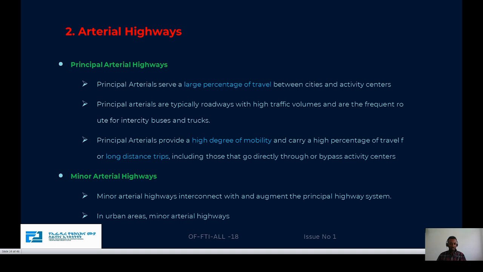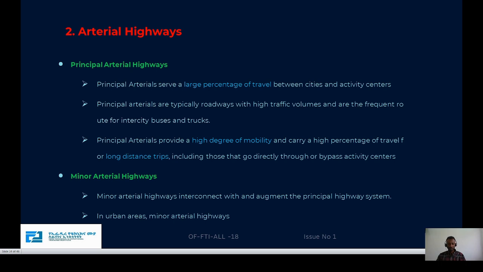The other is arterial highways. The arterial highway is classified as principal as well as minor. The principals carry a large percentage of travelers between cities and activity centers. They are used for high traffic volume, for intercity buses and trucks, mostly heavy vehicles.